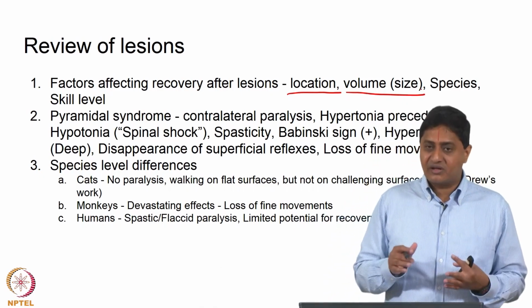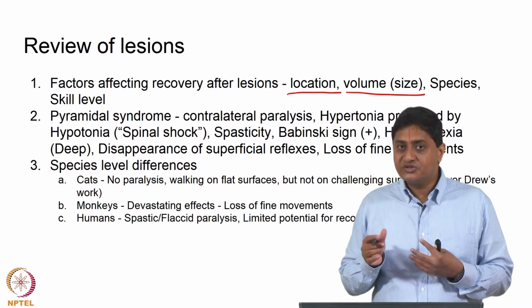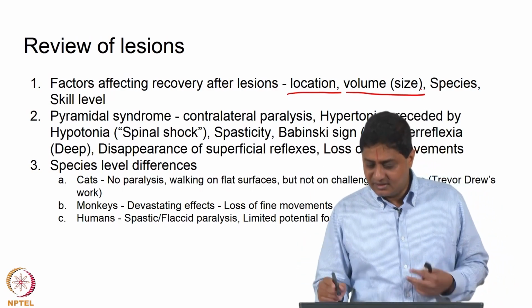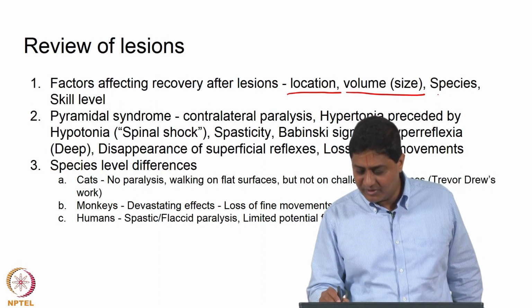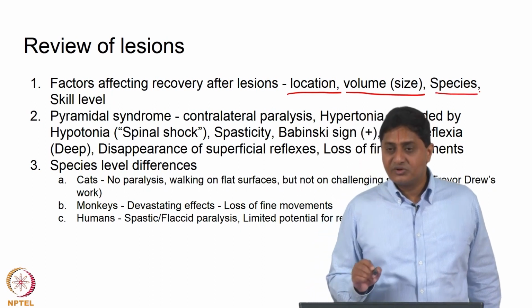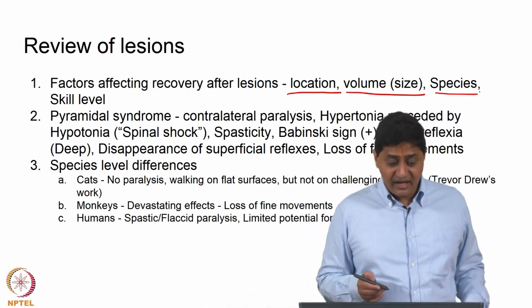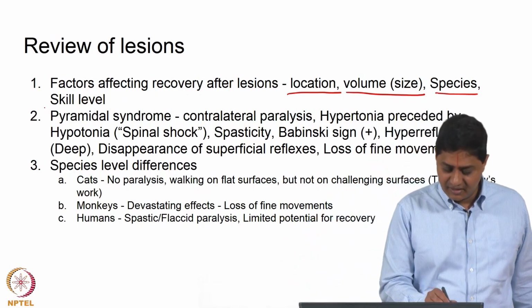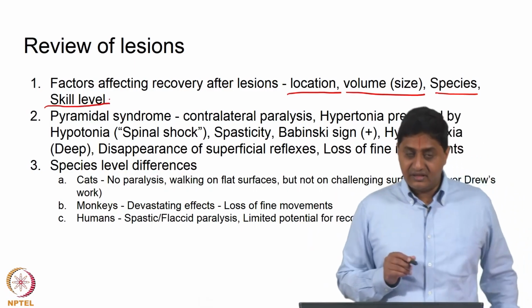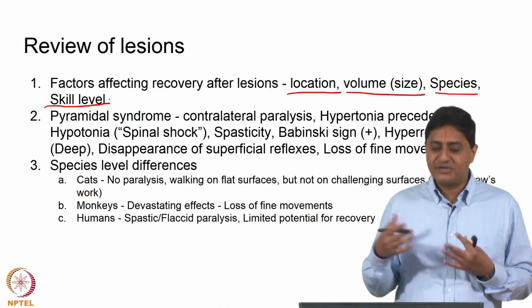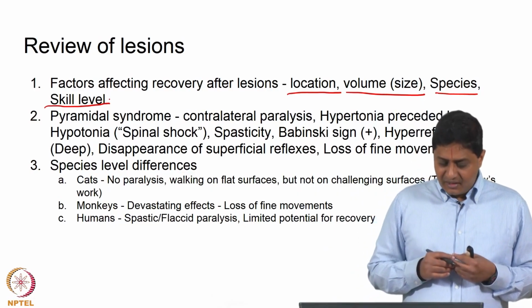Lesions of comparable or normalized size produce more devastating effects as you go up in the hierarchy from small mammals to larger mammals to prosimians to macaques to great apes to humans, and the level of skill also affects the extent of dysfunction and the possibility of recovery.